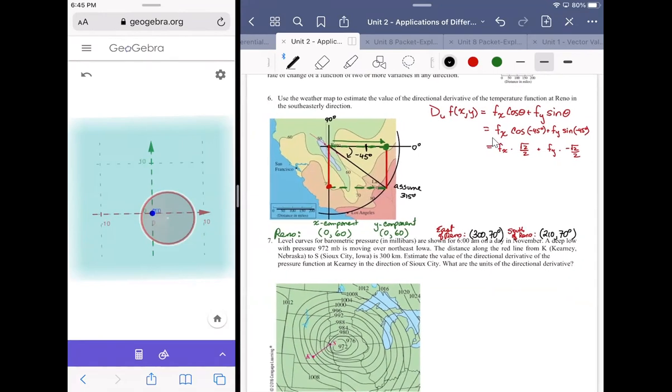All right. So this point would correspond with this one in terms of finding the slope. So that's really related to an easterly movement. So f sub x is going to be that rate of change, 70 minus 60, which is 10 over 300.